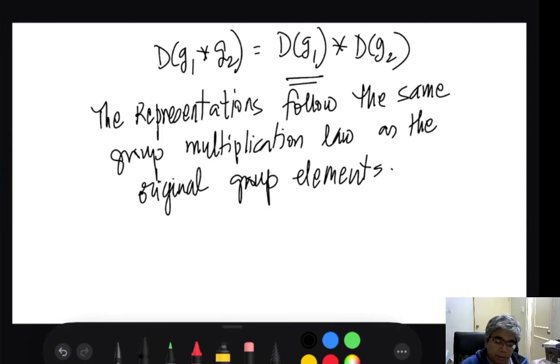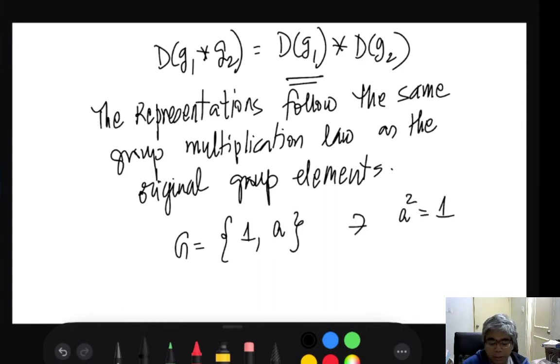Now we can similarly write another representation of G, which is the same thing as earlier. It can be 1 and a, such that a squared is equal to 1. This is essentially the same thing. It could be anything such that a squared is equal to 1.